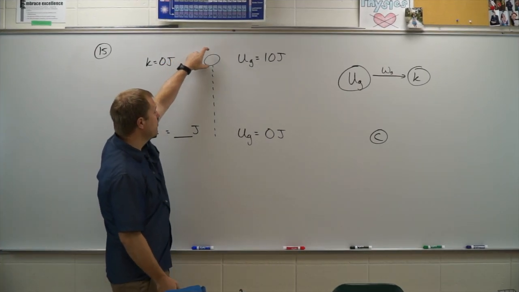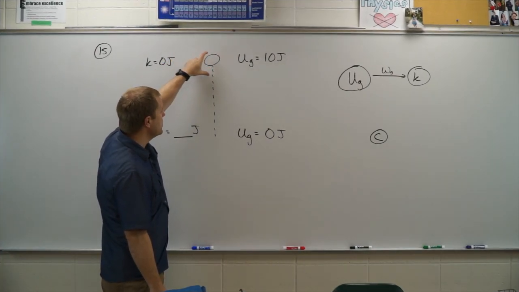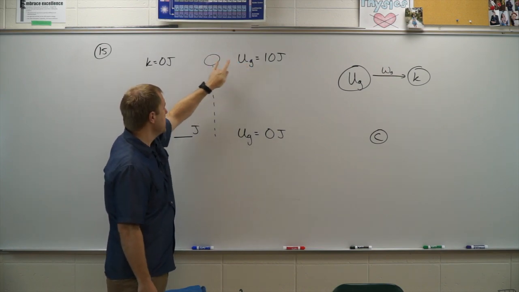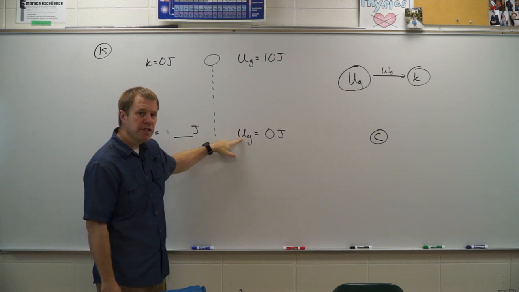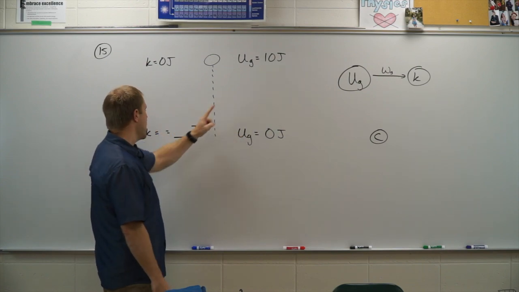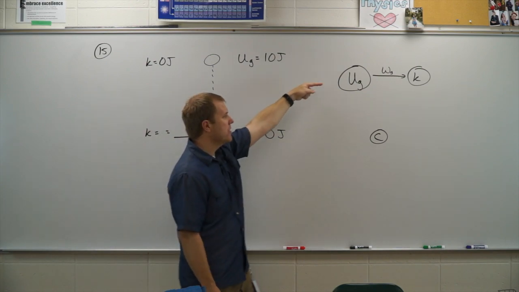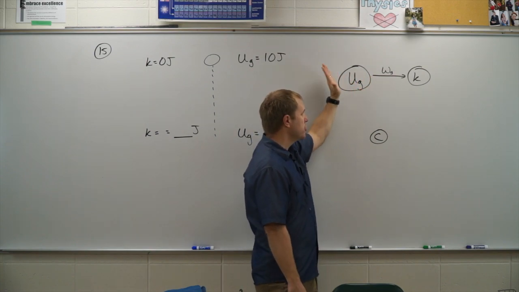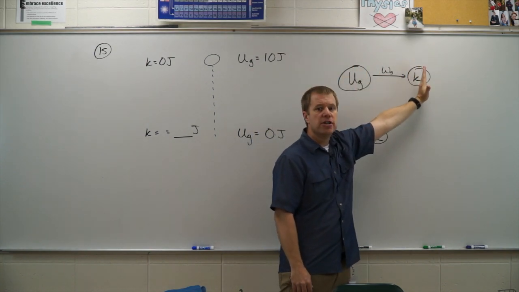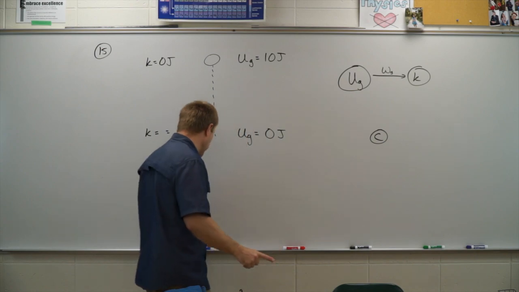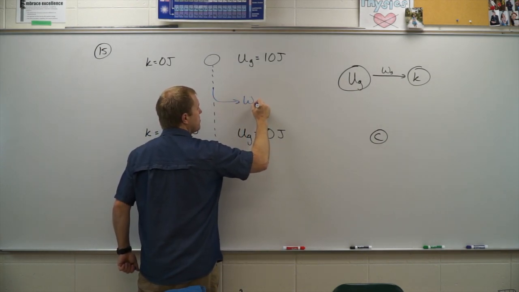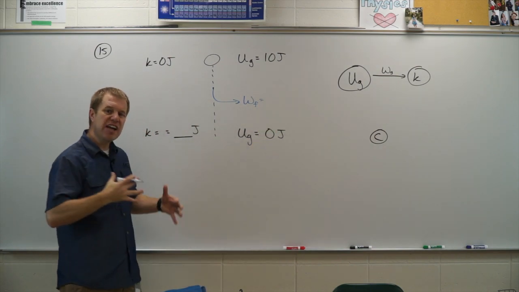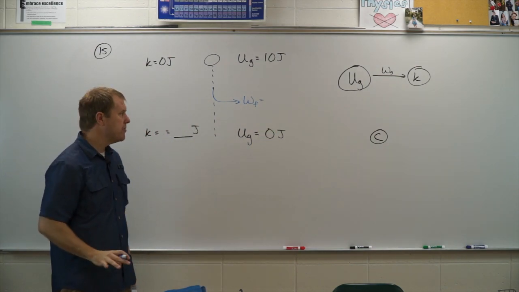So as that object falls, it starts with gravitational potential energy and no kinetic energy. As it falls, it loses that gravitational potential energy and it gains kinetic energy. We're thinking about gravity doing work to transfer from potential energy to kinetic energy. However, along the way, there is some work done by friction, which siphons off some of that energy.